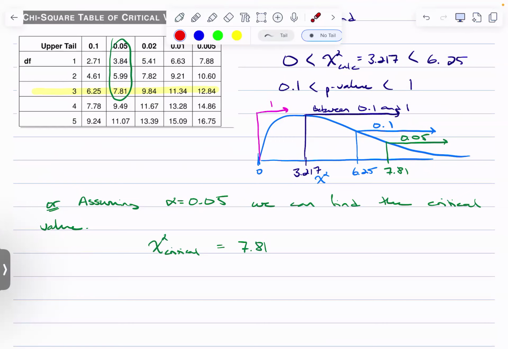Our conclusion stays the same. We have a large p-value and our chi-squared is not bigger than our critical value. Depending on how you're asked to do your conclusion, that'll determine how you state it. For chi-squareds, I need you to be able to do both, not at the same time. I'll only ask you, using the critical value, state your conclusion, or using the p-value, state your conclusion.